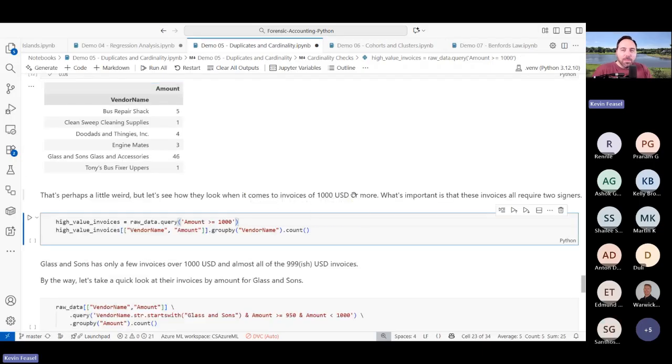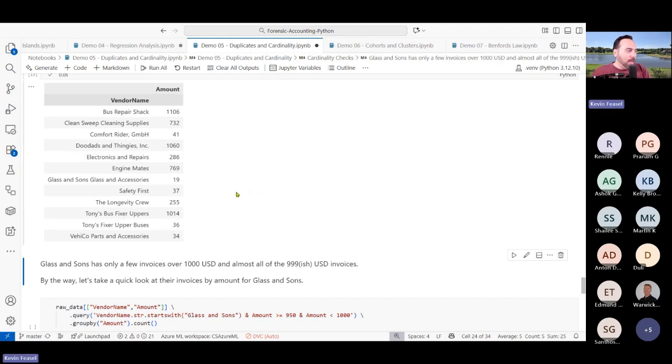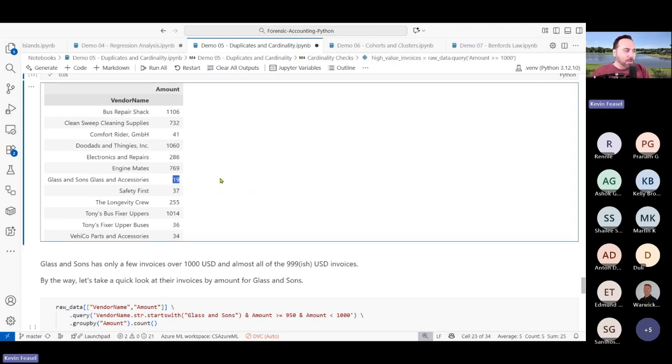But maybe they're working on, say, windshields that cost $900 to $1,200, let's say, hypothetically. So let's look at how they're doing above $1,000. And they have 19 total invoices. You have other companies, like we saw this company here. They had a lot of $850 to $1,000. Well, they also have more over $1,000.